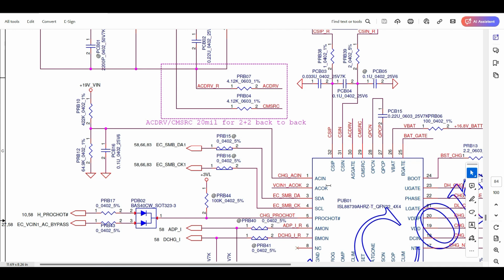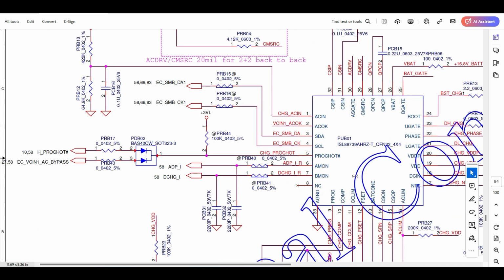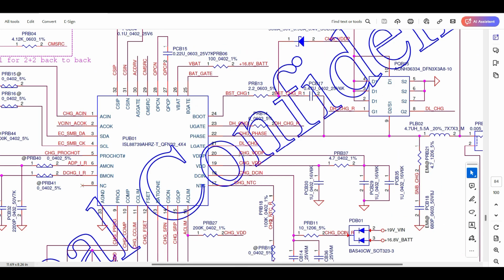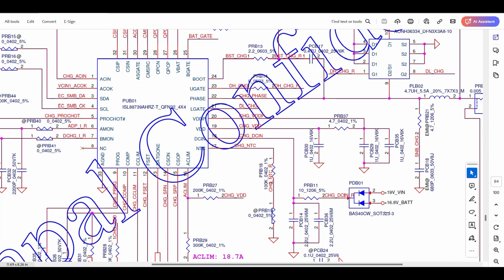Only AC in. And if supply is connected to this, then DC in supply goes to this particular charging IC. See, here is the supply, so 19 V in. Even from the battery side, through this 3-leg diode, it has gone to this particular charging IC. Now this charging IC is active but not completely active.